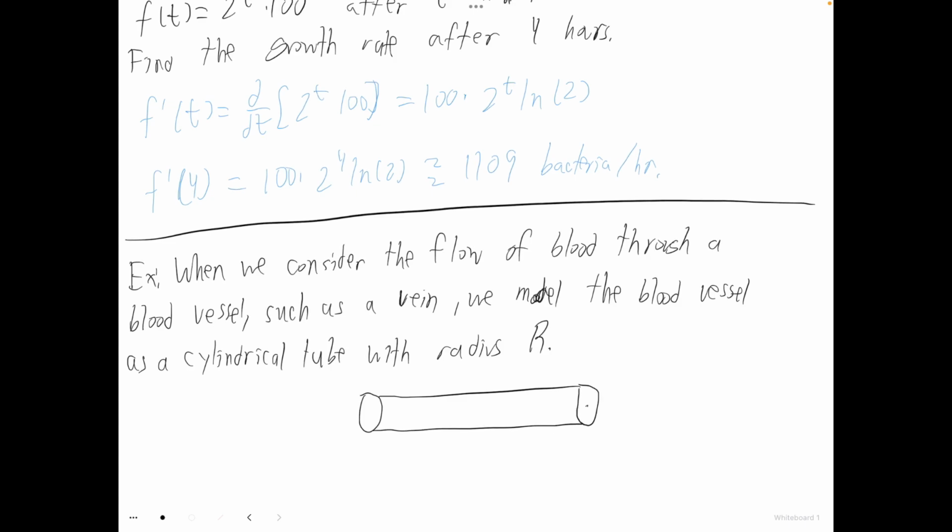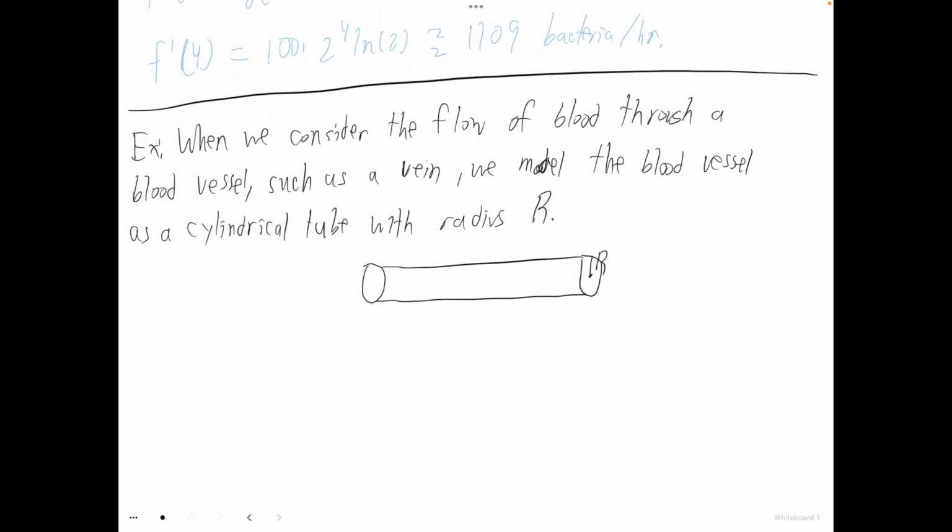And the radius of this tube we're calling capital R. And so that's what we're saying a blood vessel is being modeled by. And then with radius R, it's going to have length L. The length of the blood vessel is relevant, and that's just how long the tube is.